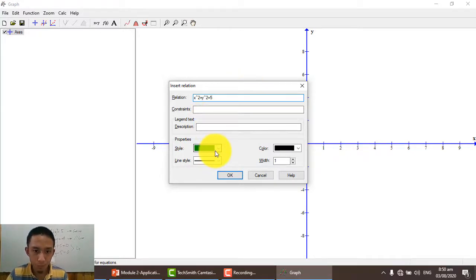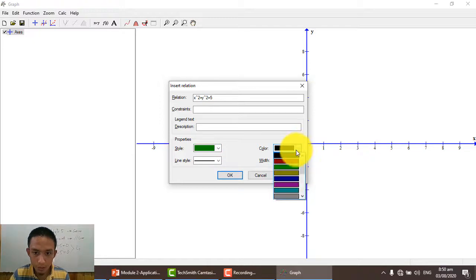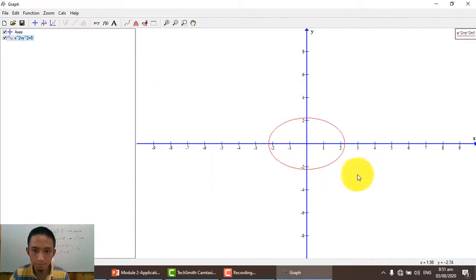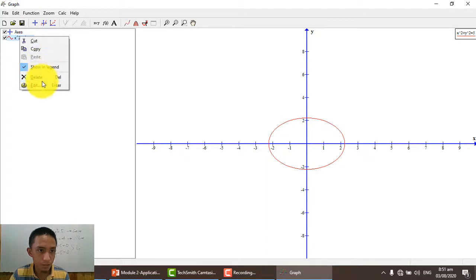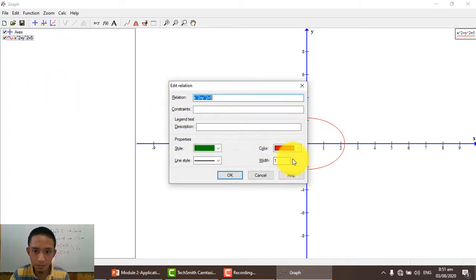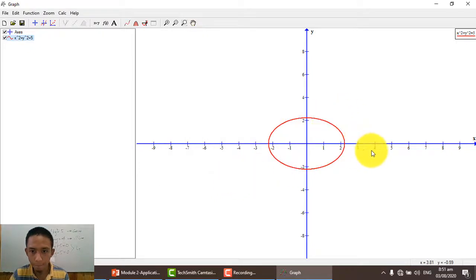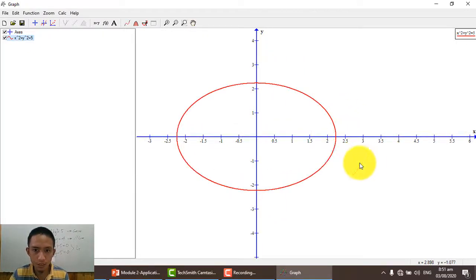Let me put a color for that. Let's say that will be red. Let's make it a little bit larger, thicker, I mean. Okay, so that looks like an ellipse.